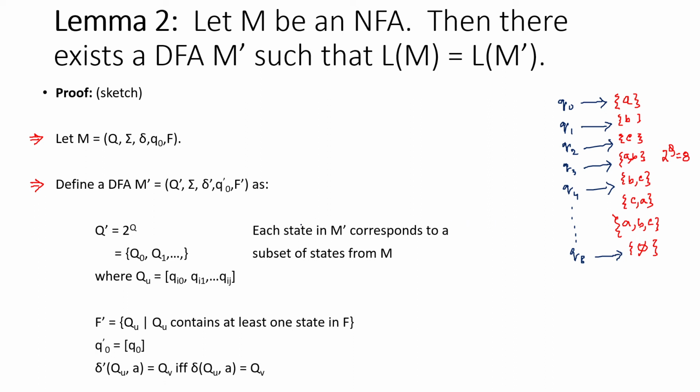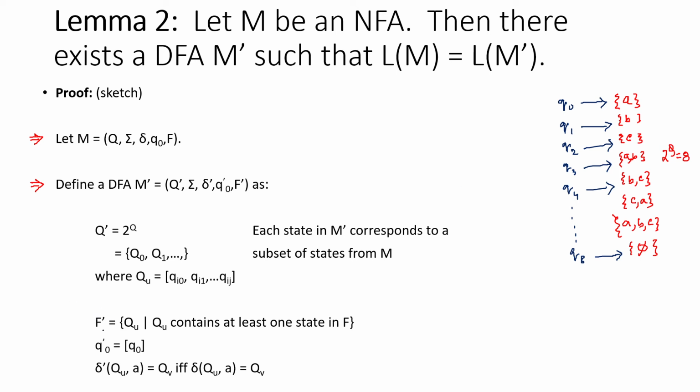That's why I have written 2 to the power Q. So q0, q1, in this way up to q8, are the total 8 possible states in my DFA. And this is representing some combination of the actual states, that is A, B, C, some combination of actual state names.